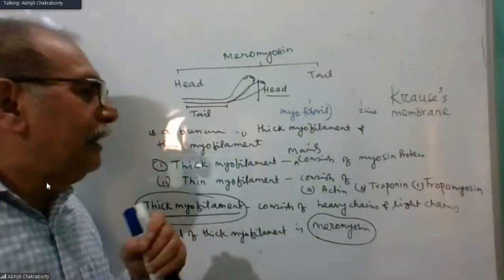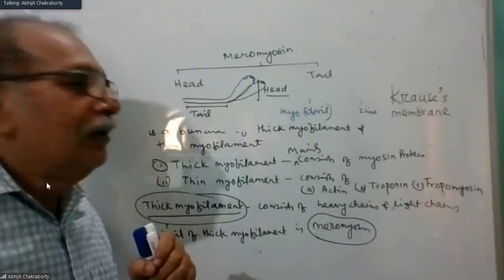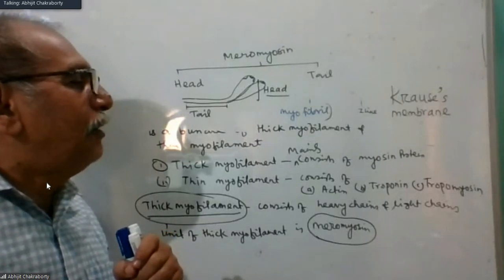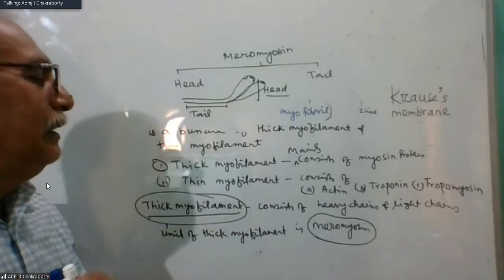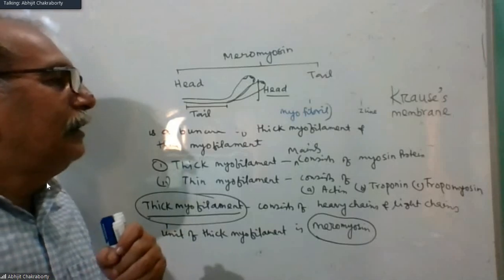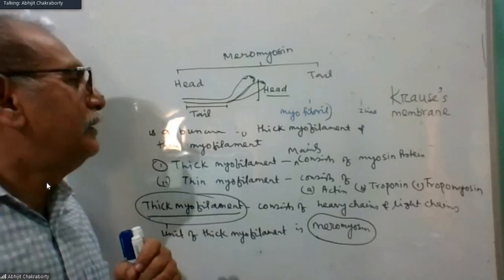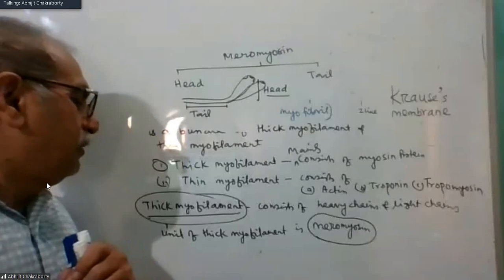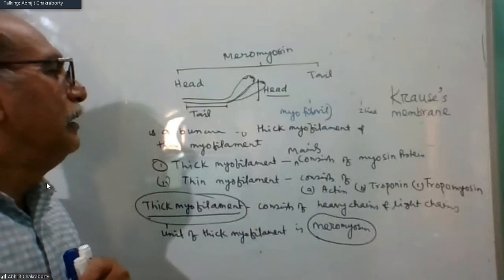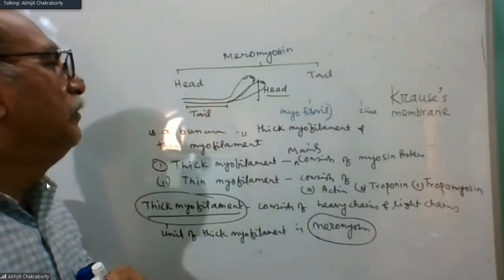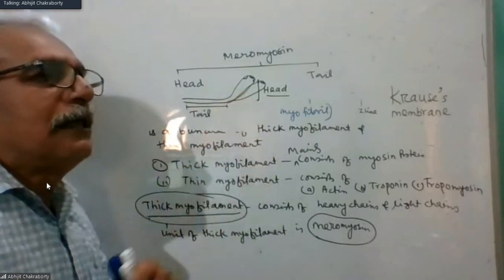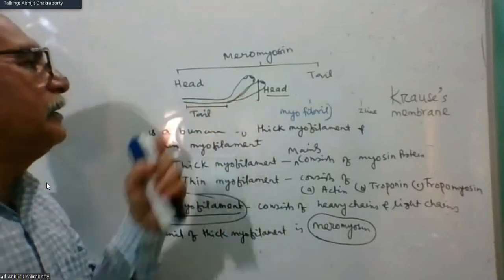I am describing the thick myofilament now. It consists of myosin protein, and in the thick myofilament, you will see heavy chain and light chains, and the unit of myofilament is called meromyosin. You know, it has two regions. One is the head, by which it can bind to actin, another is the tail.